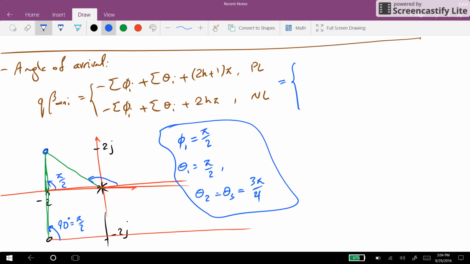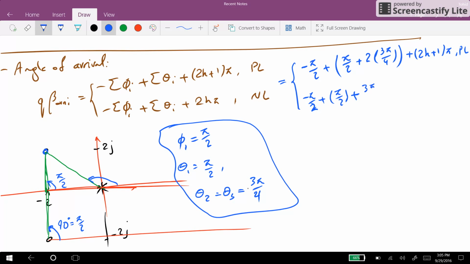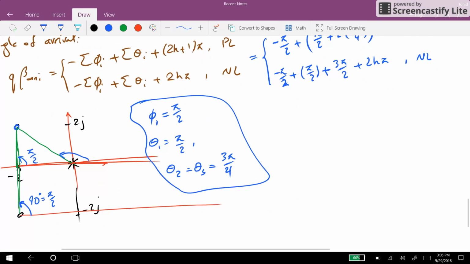So we can rewrite this again: minus pi over 2 plus sum of theta i's, pi over 2 plus 2 times 3 pi over 4 plus 2h plus 1 pi for the positive locus, and the same terms, minus pi over 2 plus pi over 2 plus 2 times 3 pi over 2, which is indeed 3 pi over 2, plus 2h pi for the negative locus. Q is equal to 1 because we have only one zero here.